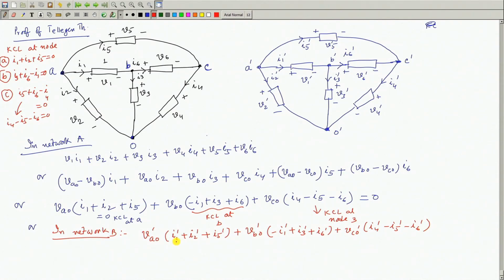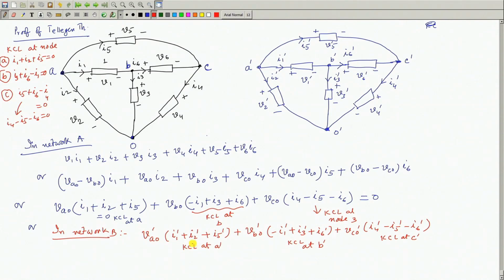And once again, I 1 dashed plus I 2 dashed plus I 5 dashed will be KCL at node A dashed. This is KCL at B dashed, and this must be KCL at node C dashed.